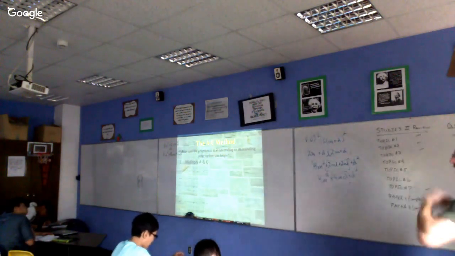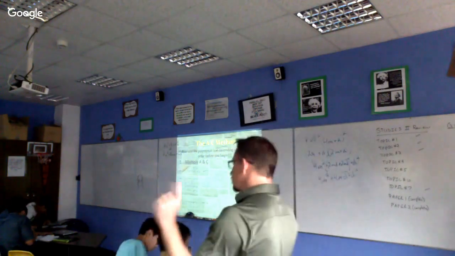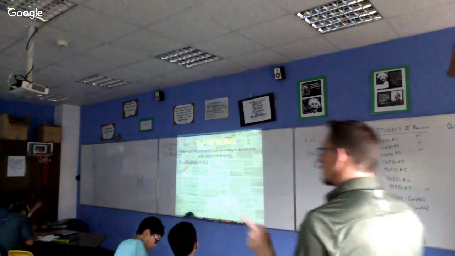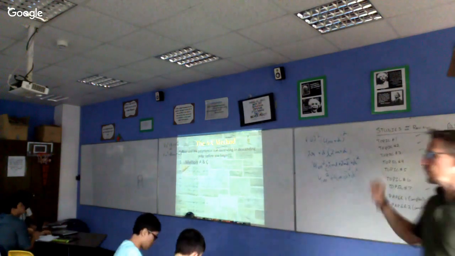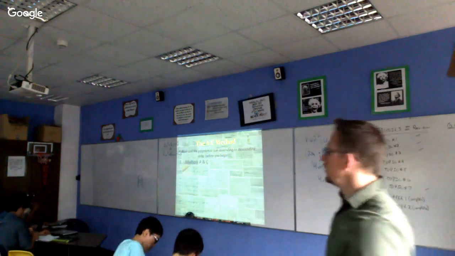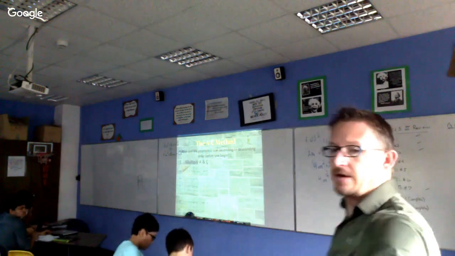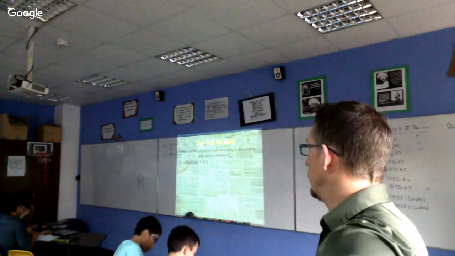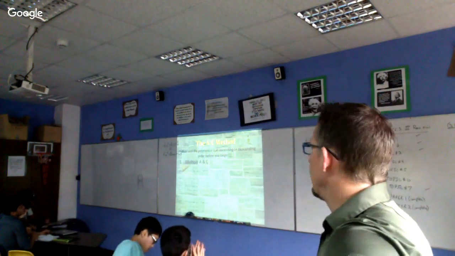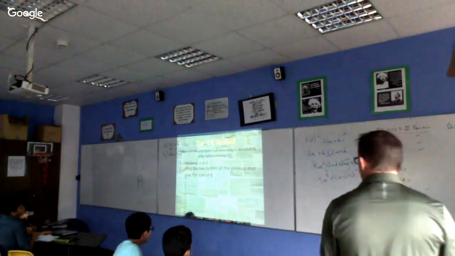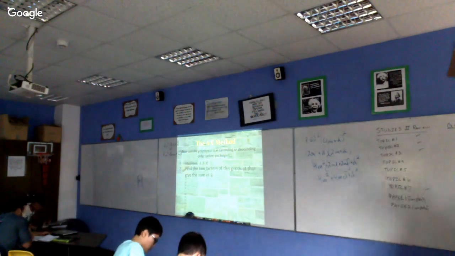Multiply the coefficient A by the coefficient C, not the variables. You will get a number, and that is the one we're going to concentrate on. Now, we take this product, A times C, and we find two factors of this product that give the sum of B.